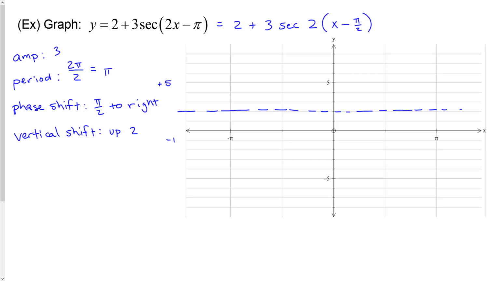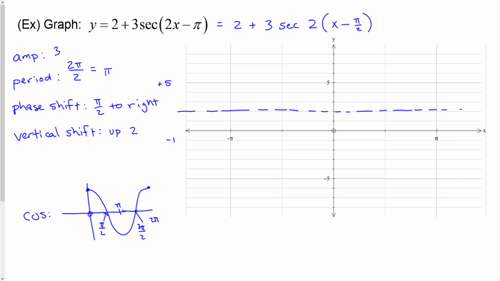Let's draw the graph of cosine, since secant is related to the cosine. I'm just thinking in my head what the original graph of cosine looks like. It starts at its maximum, goes down to its minimum, then back up by 2 pi. So this is at pi, 0, pi over 2, and 3 pi over 2.